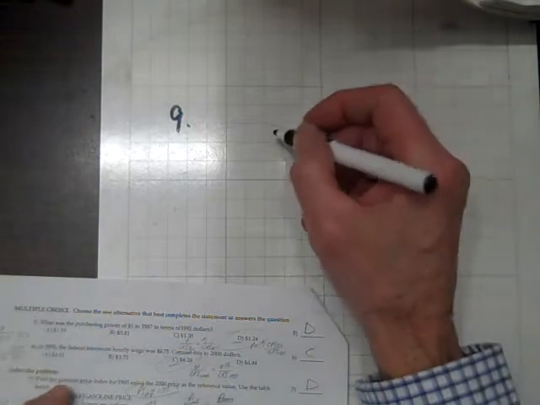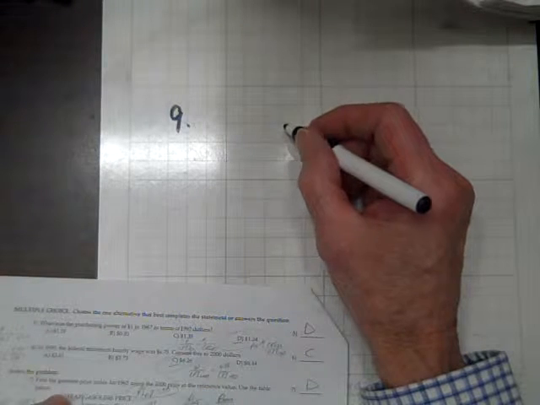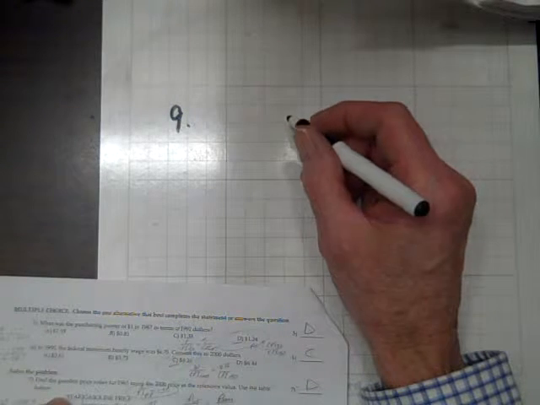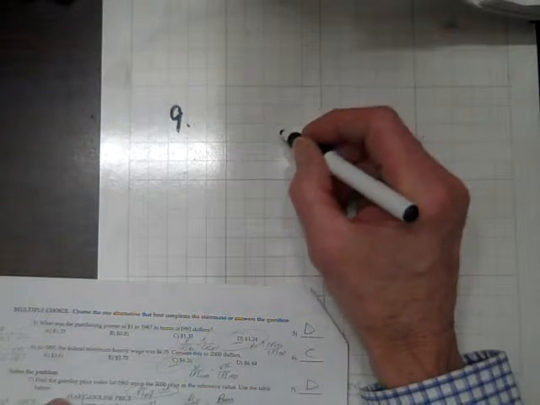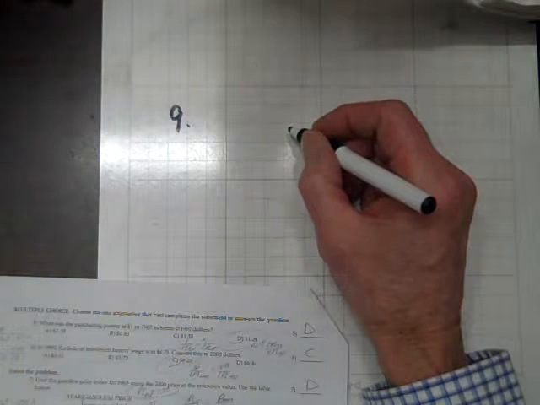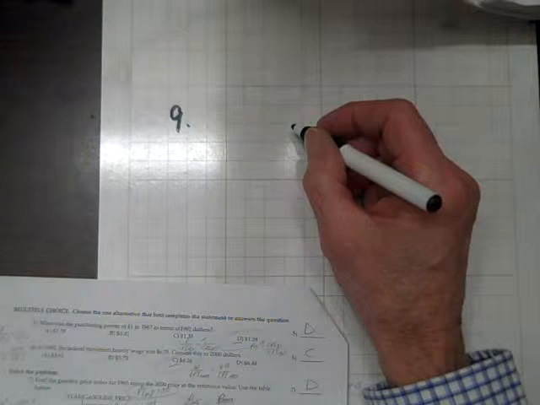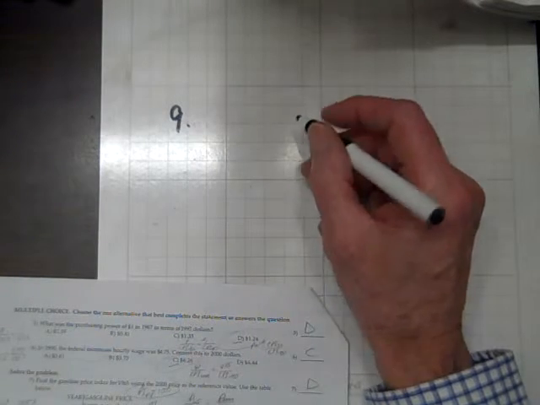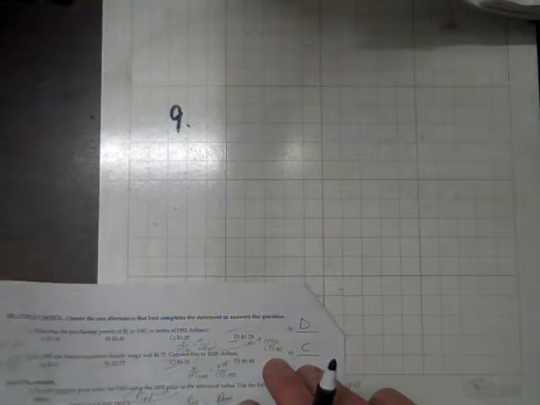So we need to find a rate of change, so we're going to use our percent change formula. And so when we find the price index for 1989, I have a price index of 124.0.